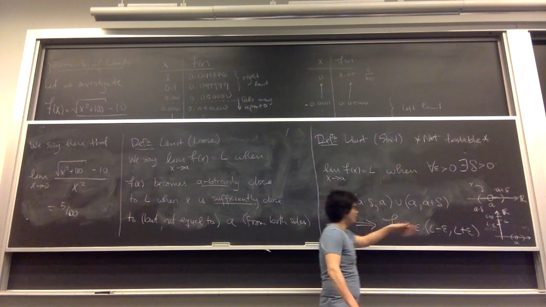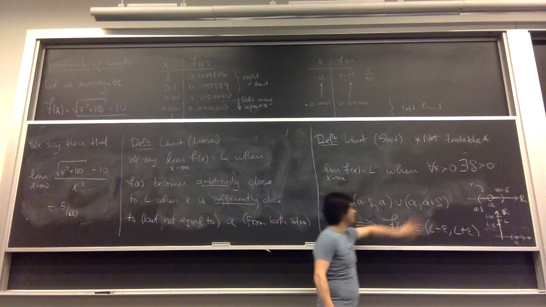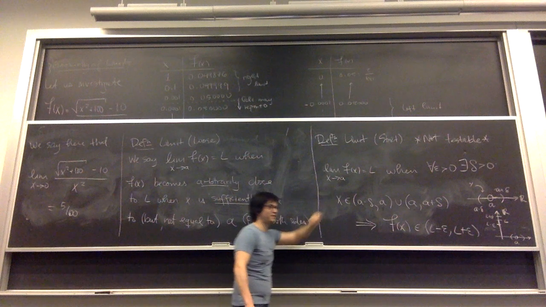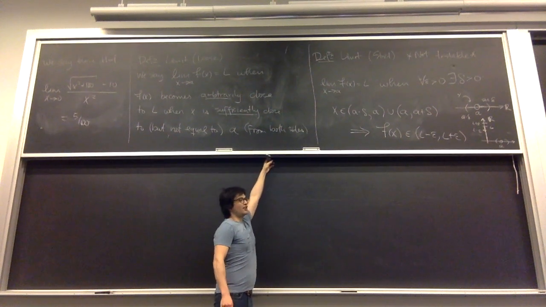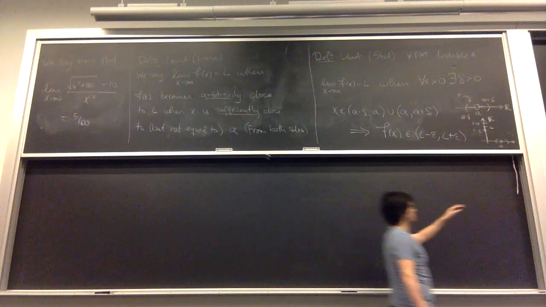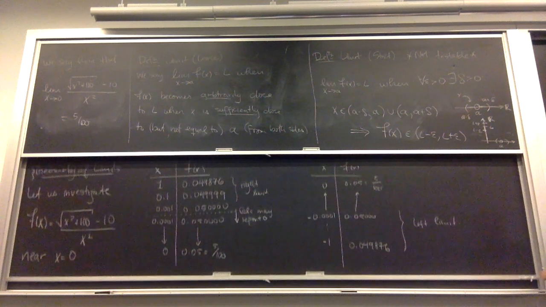Notice that this interval along the x-axis is broken into two pieces. That's why you get a left limit and a right limit. You can read most of it from the strict definition. So again, don't stress too much. You are not supposed to know this. I'm not even supposed to show it to you. But you should know it exists.